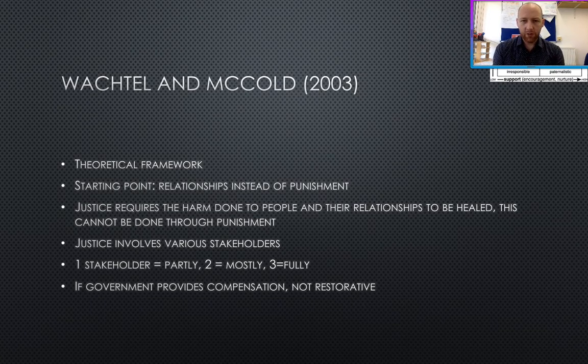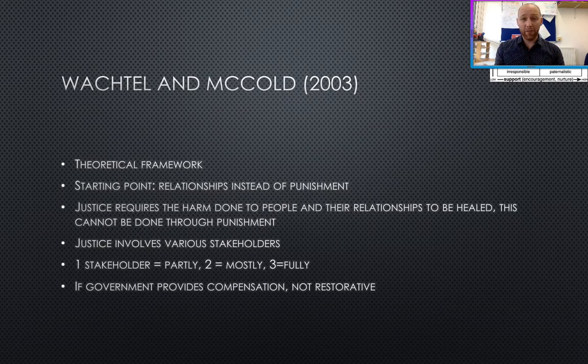So let's consider a scenario. If someone breaks into your home and steals your laptop, and your laptop is worth £500, in a single stakeholder situation, just involving the victim, that is a partly restorative system. If the victim and the offender are involved, then that's mostly.